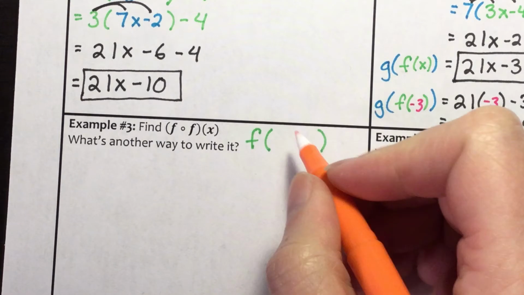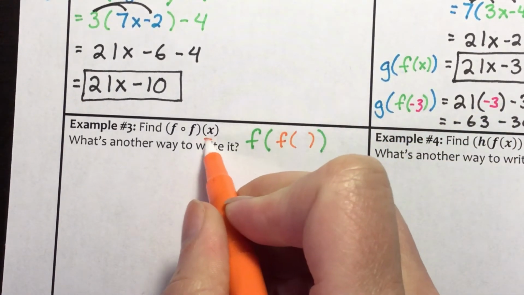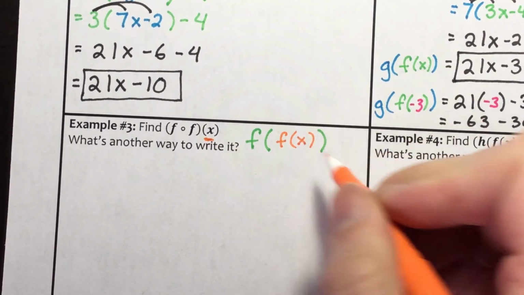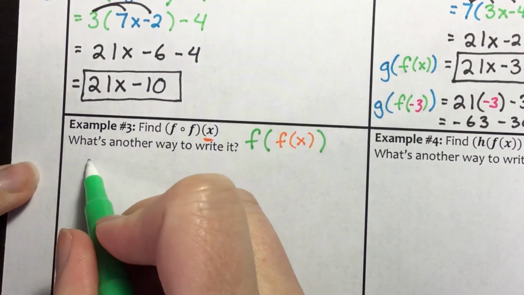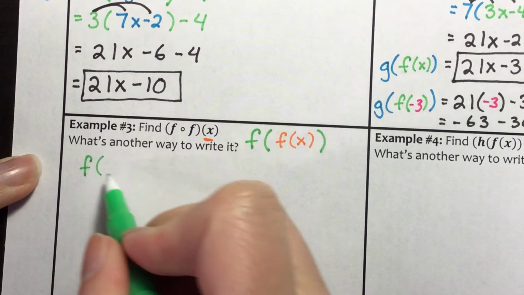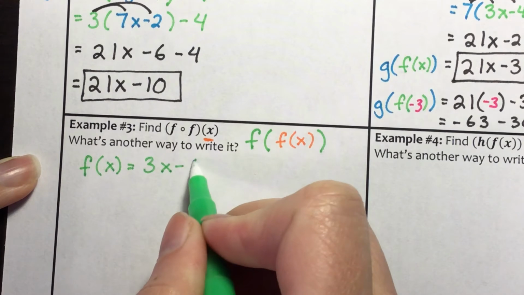So f is our inside function. And then this last little piece says what is inside the second function, which is just an x. Okay, so f of x is just 3x minus 4.